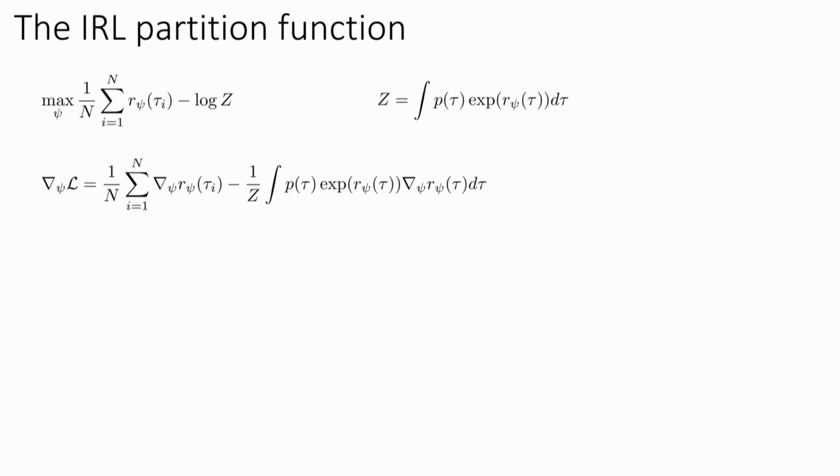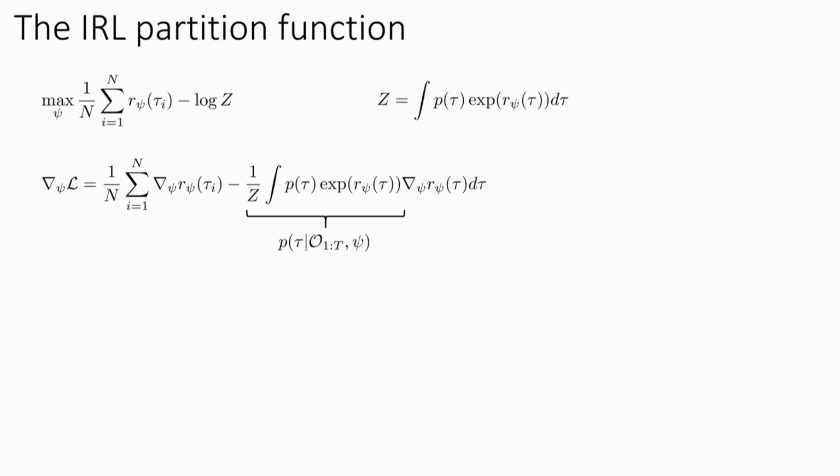Take a moment to digest this equation because it actually reduces to something quite elegant. Some of you might have already noticed this, but essentially 1 over z times p tau exponential r is the probability of that trajectory. So this integral can be equivalently rewritten as an expectation of grad r psi.